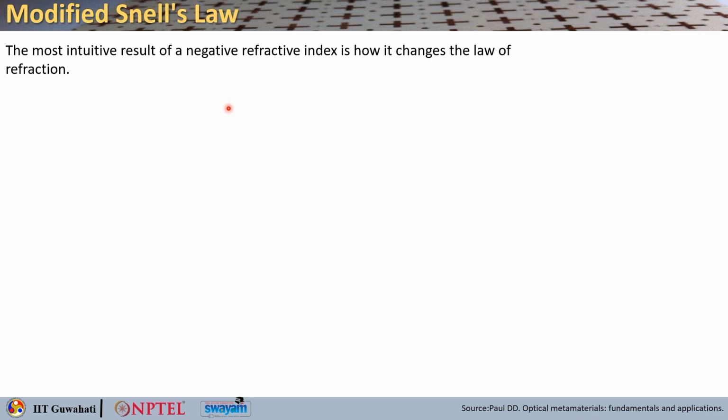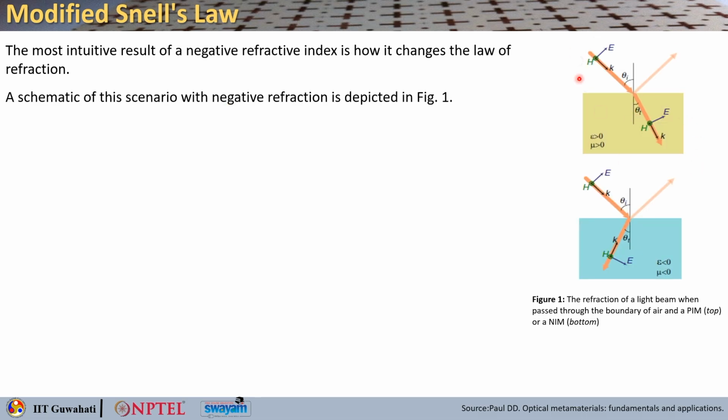This is one of the most intuitive results of negative refractive index: how it changes the law of refraction. In the normal situation, when you have conventional materials, that is, permittivity and permeability are positive, you have this sort of refraction, with the incident angle theta i and theta t on the opposite side of the normal.